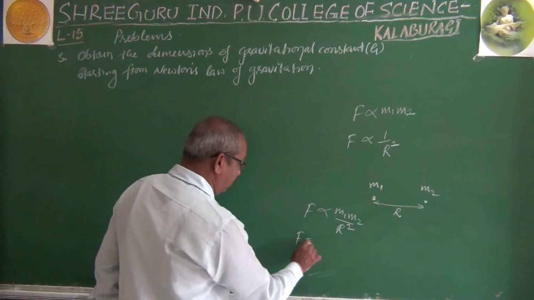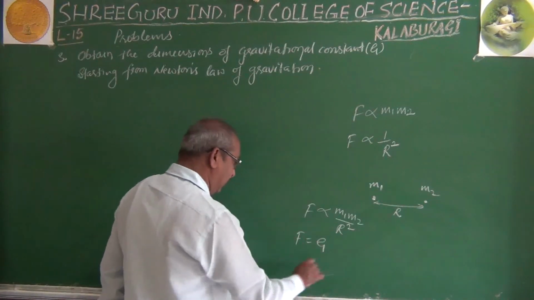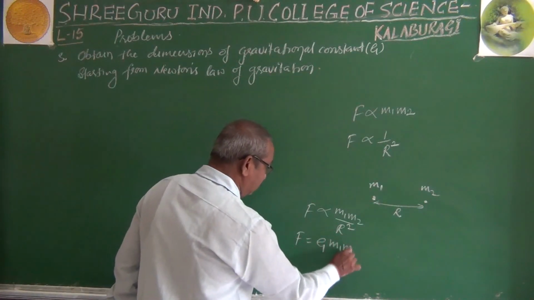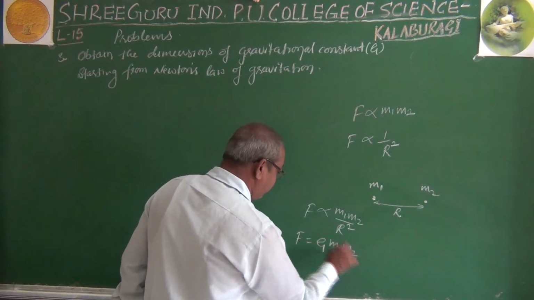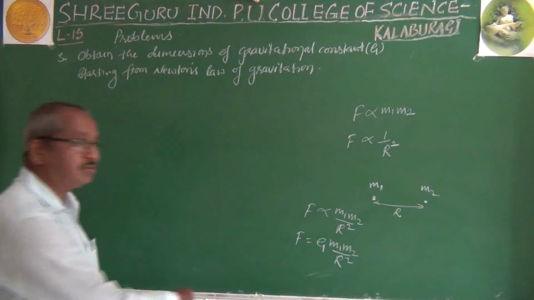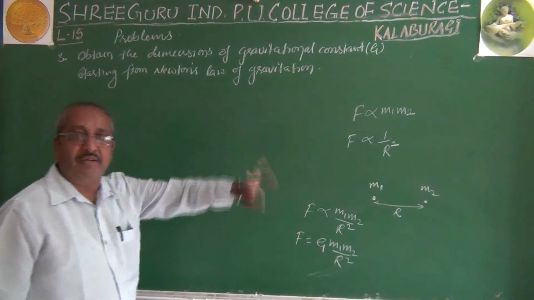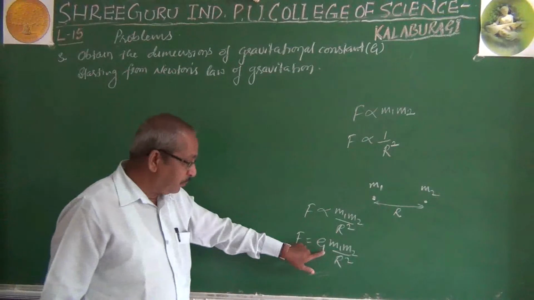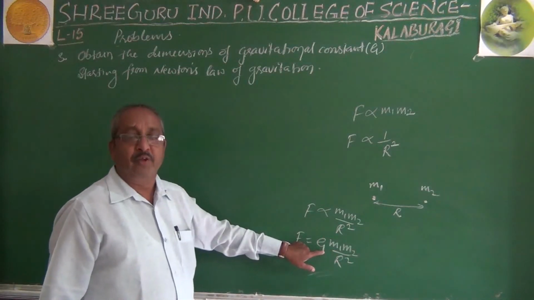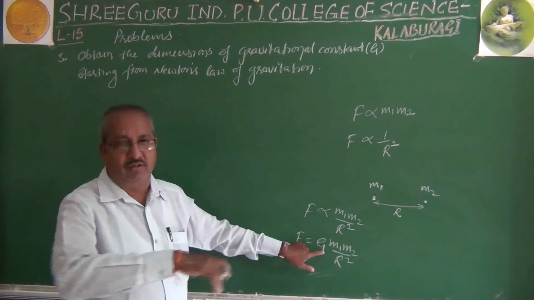Now force is equal to some constant G m1 m2 divided by r square. This is the equation given by Newton, known as Newton's law of gravitation. And here G is the proportionality constant, which is a dimensional constant.